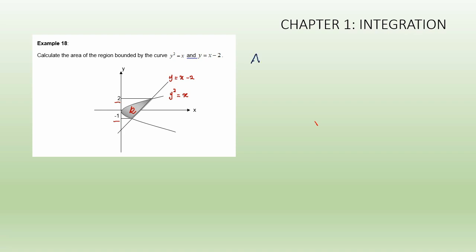So the area of the region R is given by the integration from -1 to 2 of the upper function, which is the linear function in terms of y, so we have y plus 2, minus the lower function, which is y squared, with respect to dy.